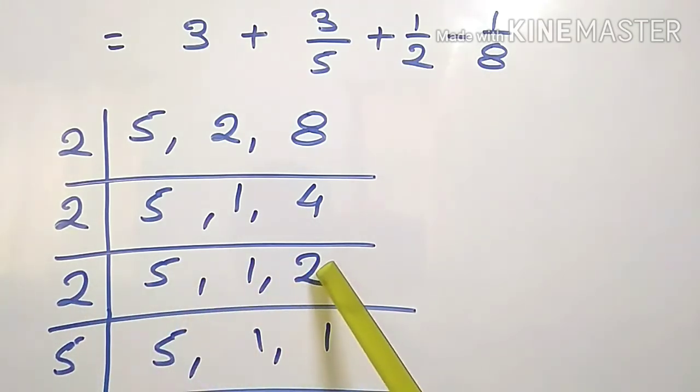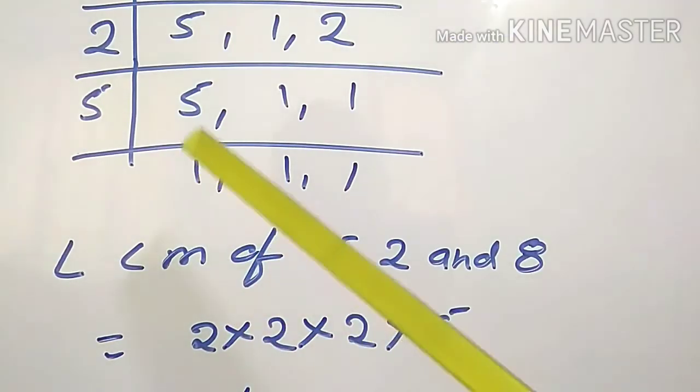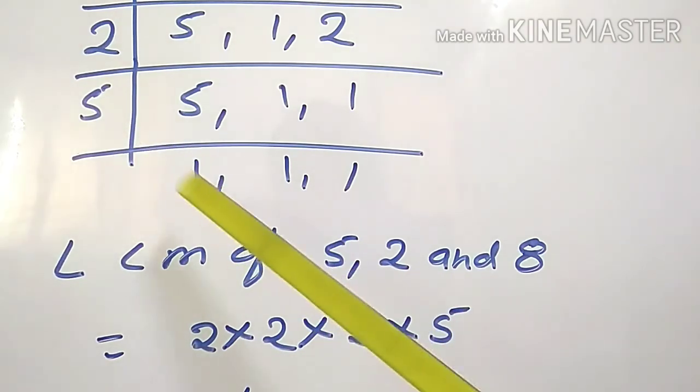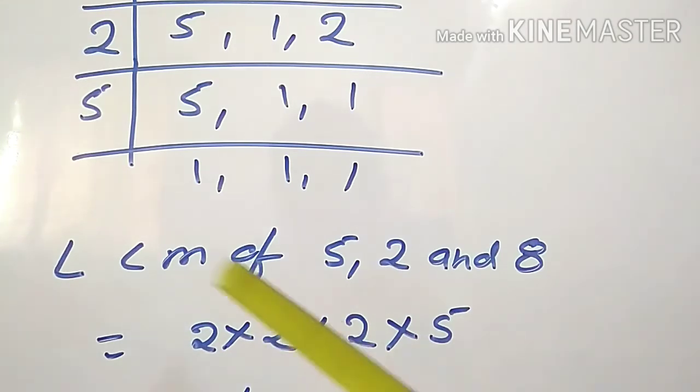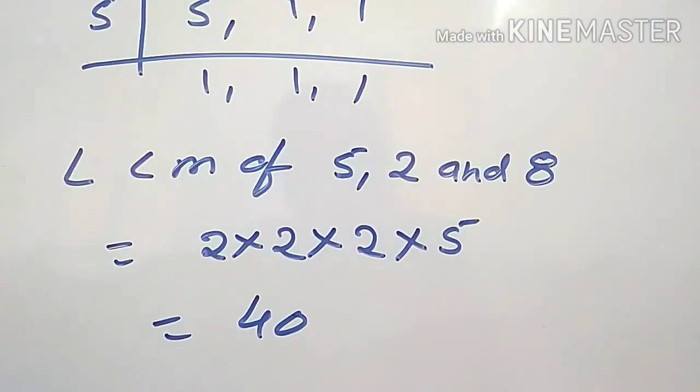Then again it can be divided by 2, 2 ones is 2. Then 5 is left. So divide 5 by 5, 5 ones is 5. So LCM of 5, 2 and 8 is the product of all divisors, 2 into 2 into 2 into 5, which is 40.